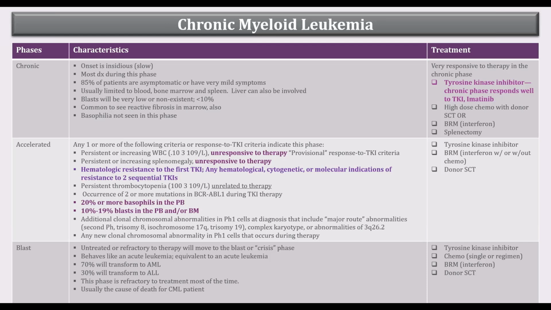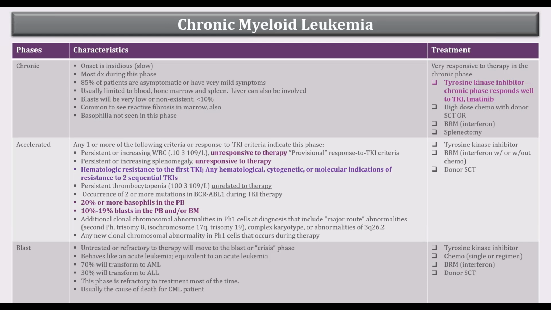Splenomegaly is very common, and the liver can also be involved. Basophilia is not yet apparent in the chronic phase. Chronic phase is usually very responsive to therapy, especially to tyrosine kinase inhibitors. Other therapies could include high-dose chemo with a donor stem cell transplant, or BRM, and/or a splenectomy as well.